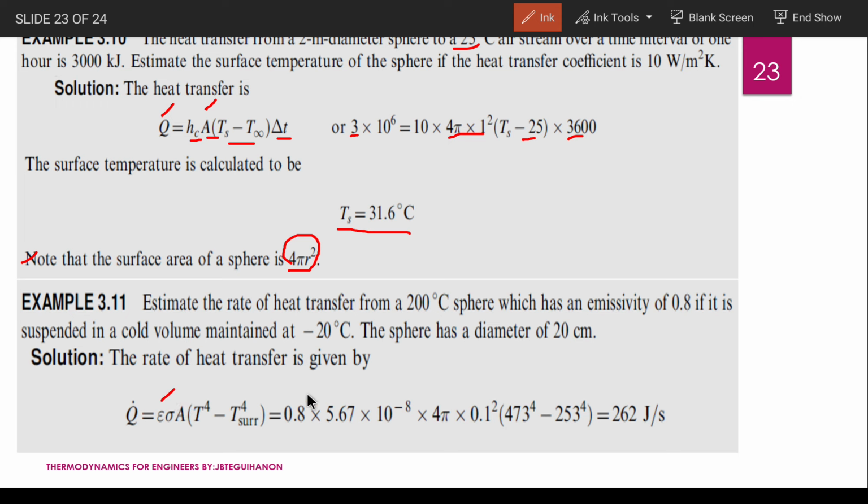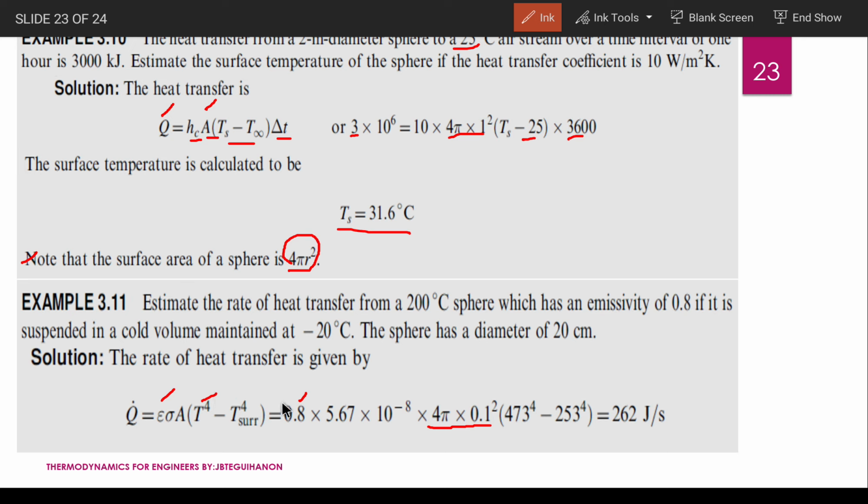Ito yun. Ayan siya. Yung area is... The sphere has diameter of 20 centimeter. So, meron kang area niyan ito. Tapos, meron kang temperature na siyempre, pinlug in mo yan.